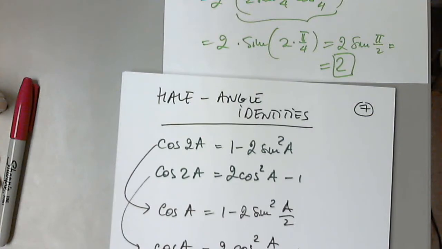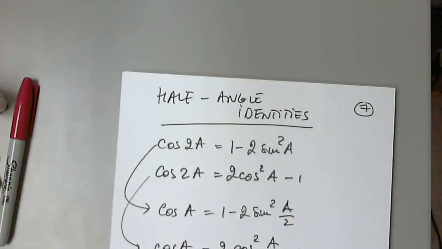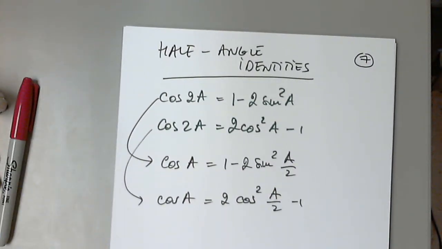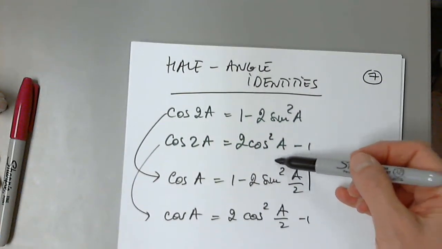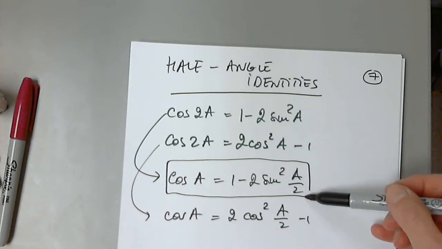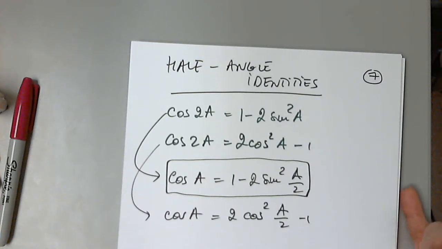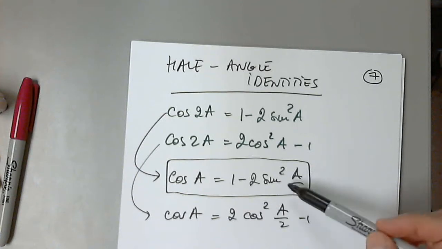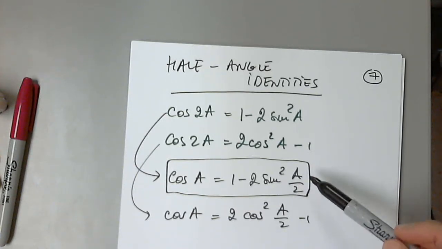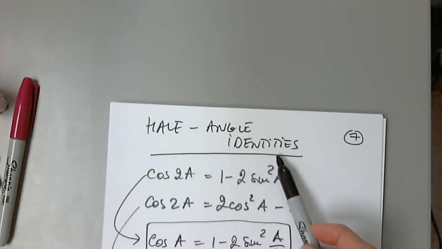Okay, so coming back to these two equations, because we're talking about the half angle, what do you think we're going to solve for in order to get the formula for the half angle? Sine a over 2. That's what we're going to solve for, because we want the half angle identities.